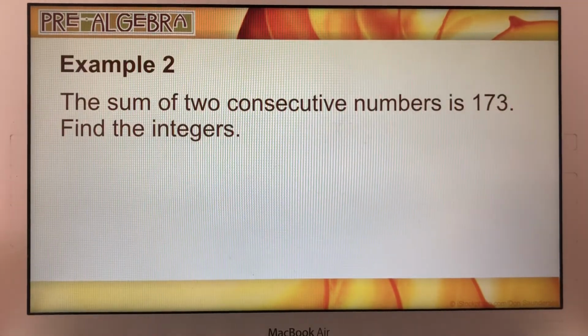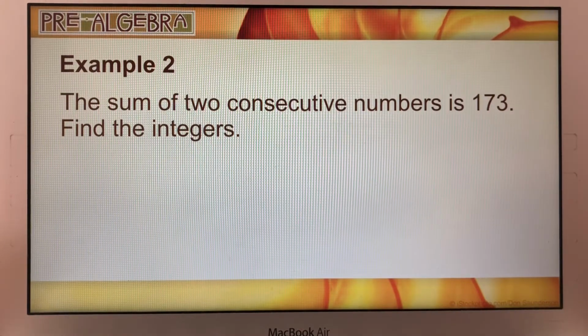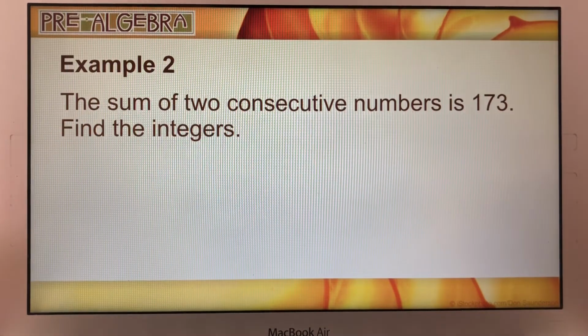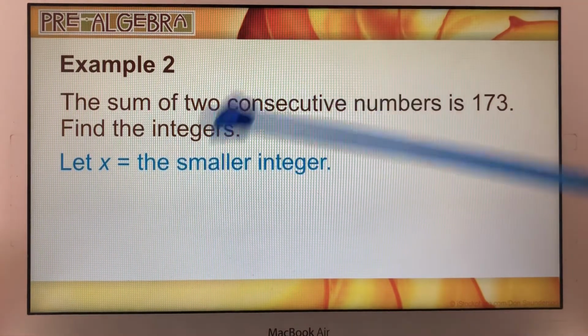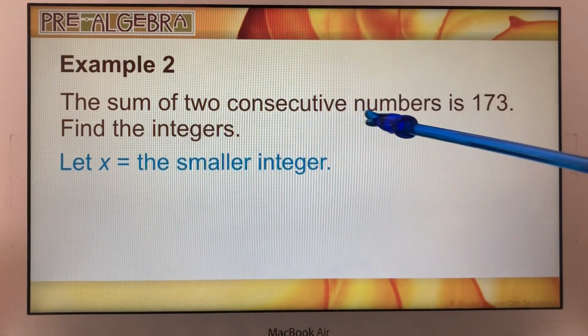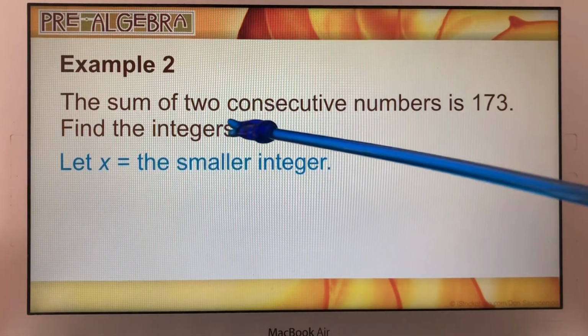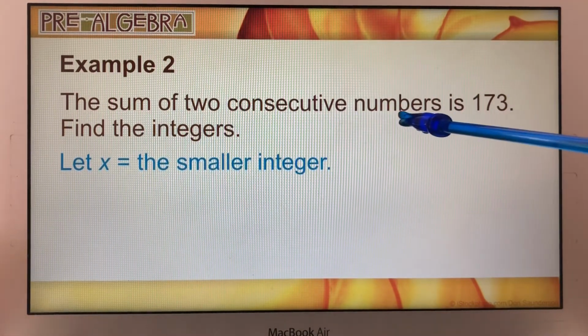All right, let's take a look at the next example here. We have: the sum of two consecutive numbers is 173. Find the integers. So let's say that x is the smaller integer, and if it says two consecutive numbers, that means two numbers right in a row.